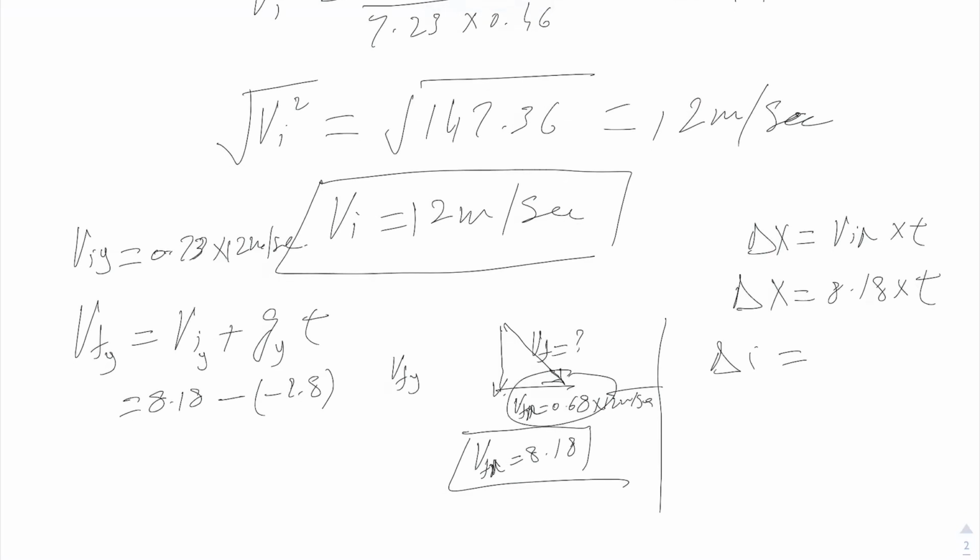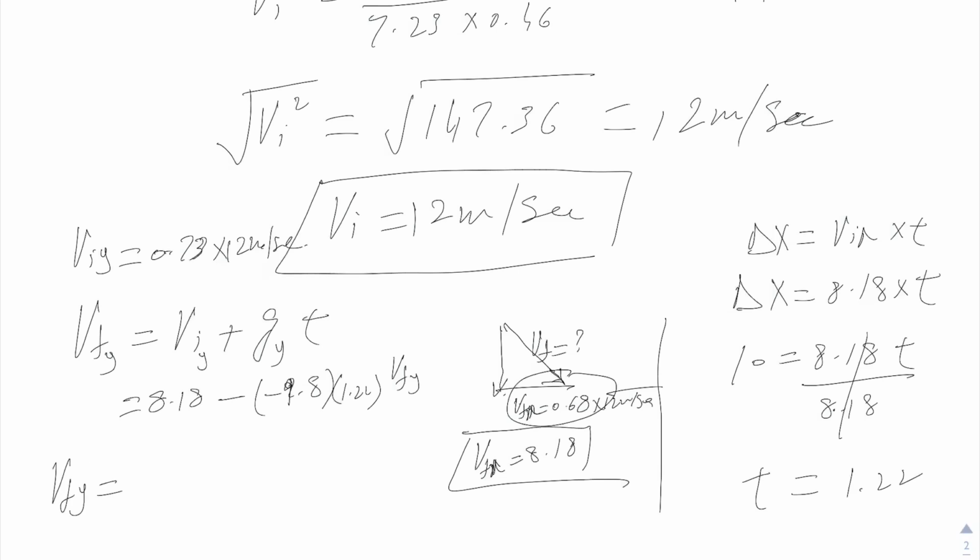So delta x we have 10 equals to 8.18 t. So we'll divide by 8.18 at both sides. So time we have 1.22. So we will plug this value here, 1.22, and 9.8, and we are coming up with the y component of the final velocity.